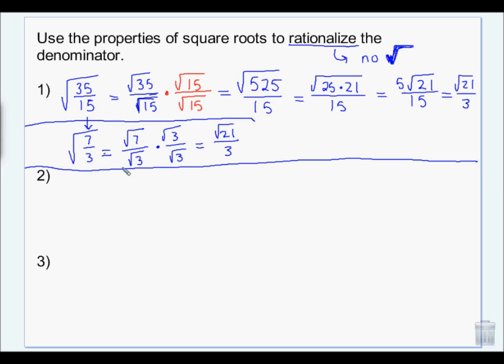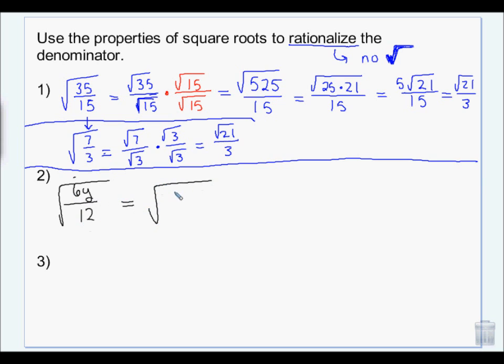Let's try another one. Do you want to reduce first? We'll reduce first.